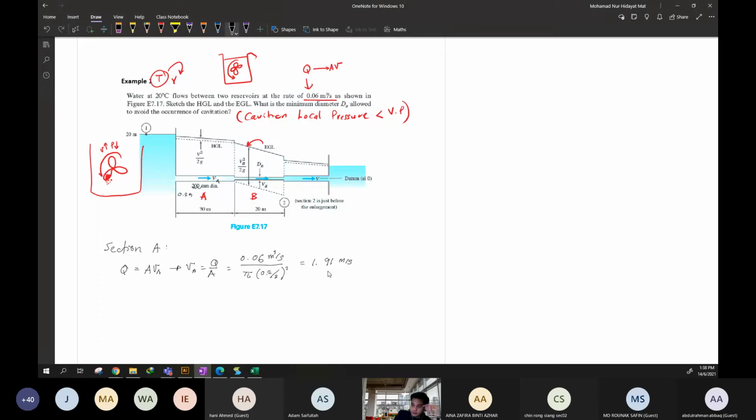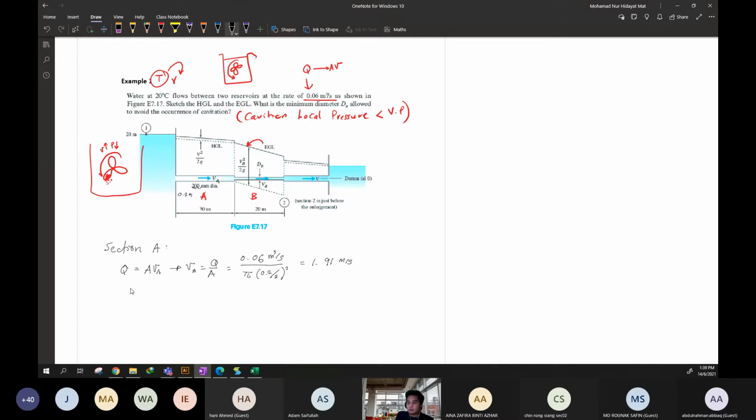Based on this velocity, what can you find next? Because we have the drop of energy due to the major losses, that means we need to refer to, anyone, what kind of chart? What kind of graph do we need to refer to? The Moody diagram. Yes, we need to refer to the Moody diagram, because from the Moody diagram we can find the major losses, which is f.